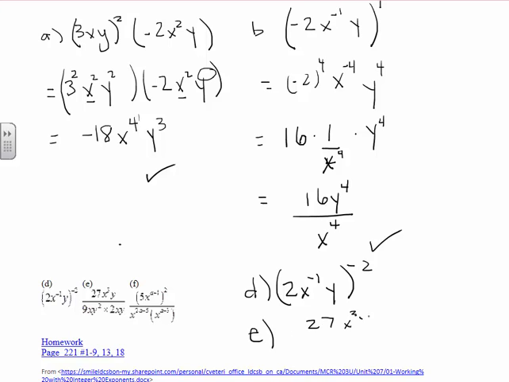27x cubed times y, 9xy squared. I'm going to make that a dot so you know it's multiplication, 2xy.